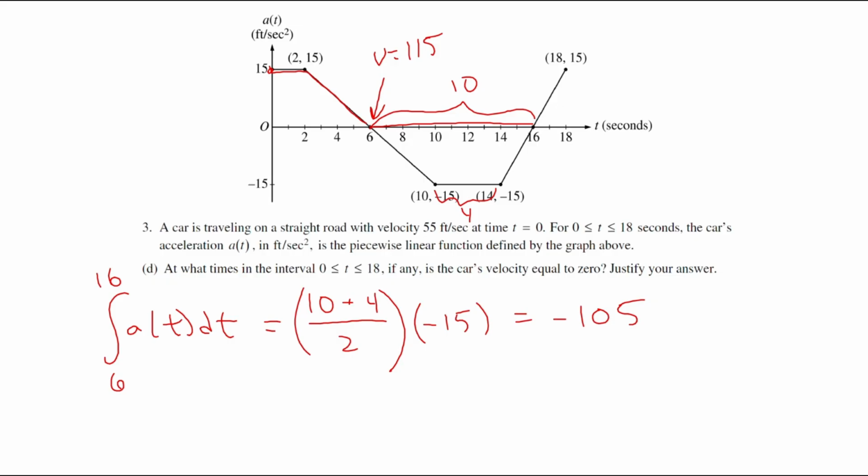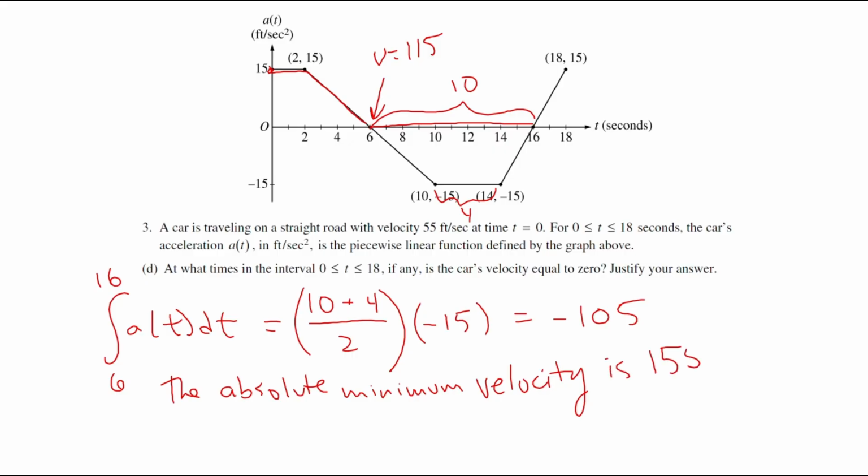that tells us that the absolute minimum velocity is going to be whatever we were at t equals 6, which is 115, minus the amount that we lost here, which was 105. I wrote 155 instead of 115, so we'll go back and fix that. 115 minus the amount we lost, which was 105. So the minimum velocity is 10.